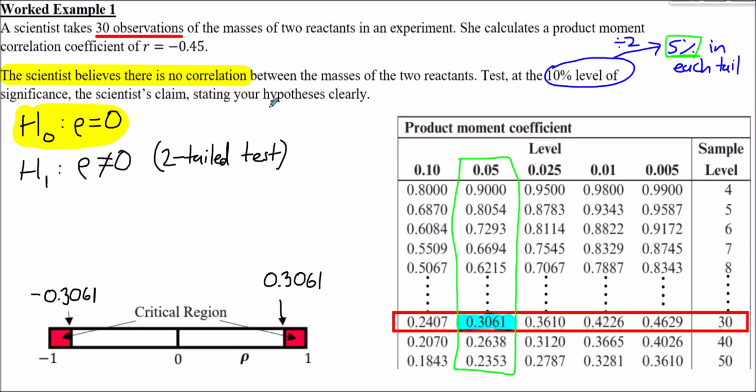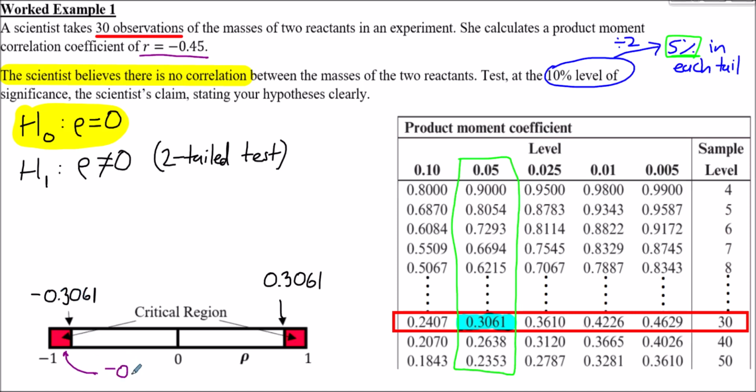So now we compare that versus what she's actually observed. So she's observed r being minus 0.45. Obviously this isn't drawn to scale, so don't pull me up on this. I mean, obviously minus 0.3 would be about here, it's not to scale. But if this is minus 0.3, and that's minus 1, then minus 0.45 would be to the left. It'd be more negative than minus 0.3061.